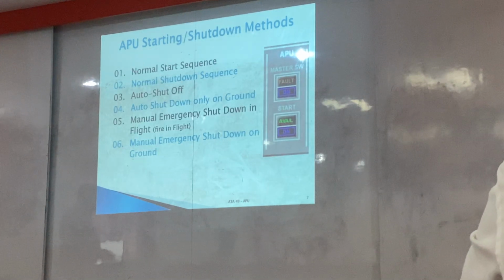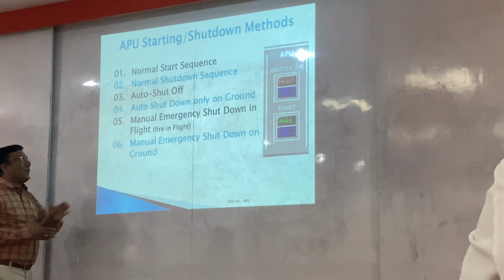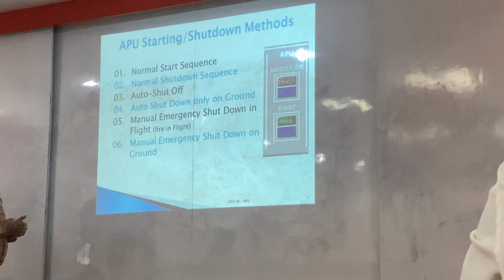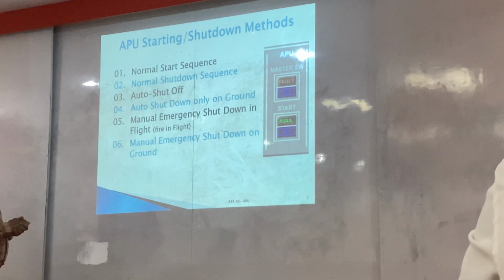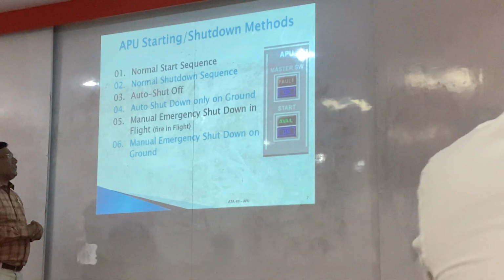APU starting and shutdown: there are 6 methods discussed here. We will see each and every one individually, how the starting and shutdown of the APU will be done. One is the normal start sequence, how the normal start will be done. Normal shutdown sequence.